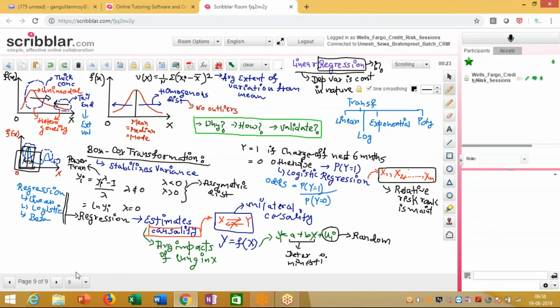Now, if it's a firm, how do you make an idea about that? Some of the deterministic factors that we are talking about would be captured in terms of degrading.